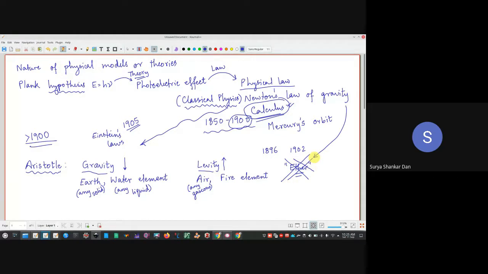Force does not require any material medium at all. Swamiji had left us by then. So what I'm trying to say, I don't want to digress, I'm just giving you a valid proof that every knowledgeable person before 1900 believed in this ether concept. They believed in gravity, levity, all these things.